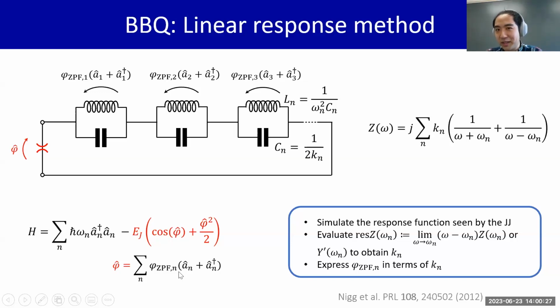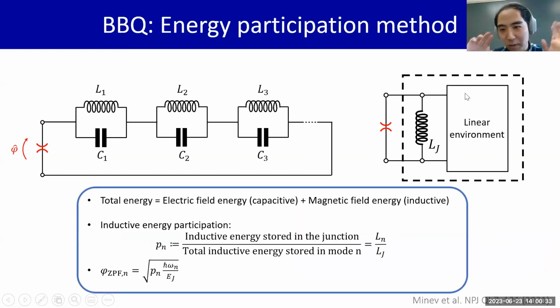So we can either do it from the linear response method, or we can do it with another method, a more popular and, I would say, more commonly used method nowadays, called the energy participation ratio method. The idea behind it is, if you look at this Foster equivalent circuit at zero frequency, at DC, all the capacitances are open at DC. Then all you see is the sum of all these inductances, right?